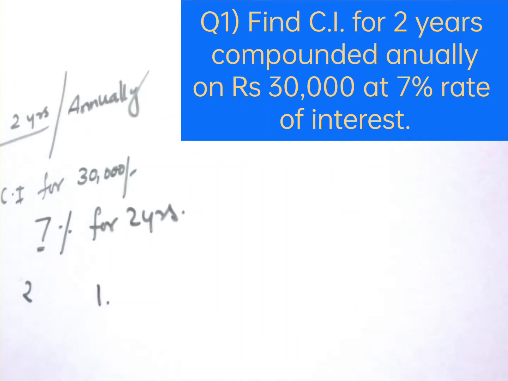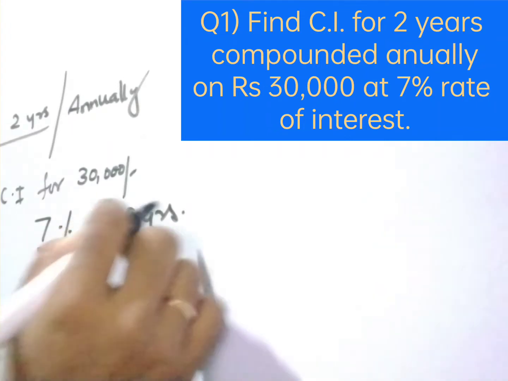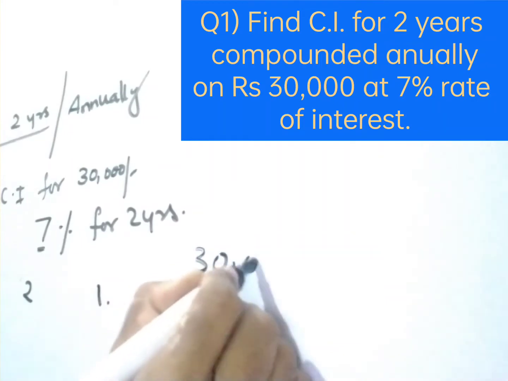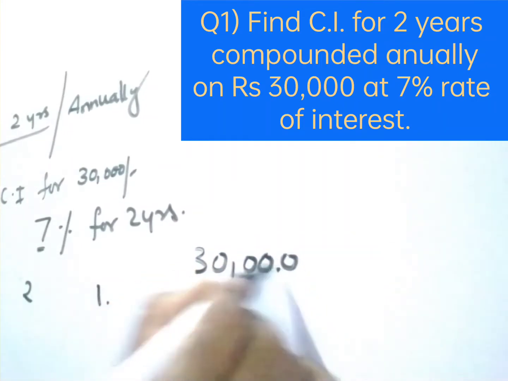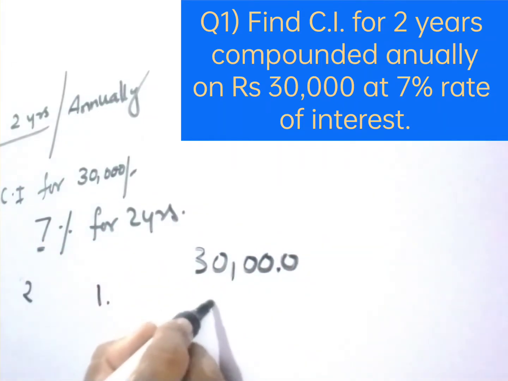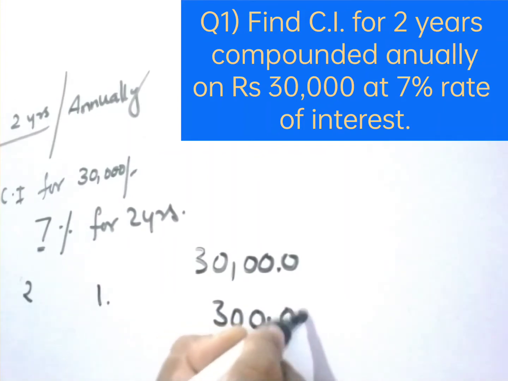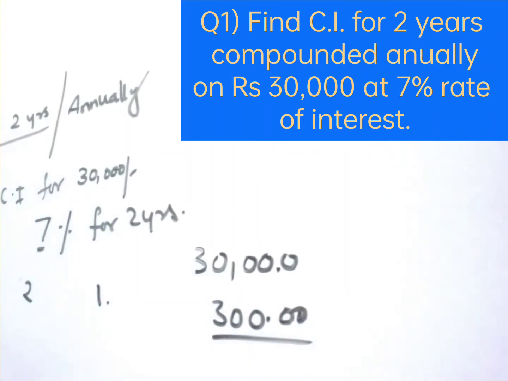Now, for 30,000 rupees, 10% is 3,000, 1% is 300. So we want 7%.